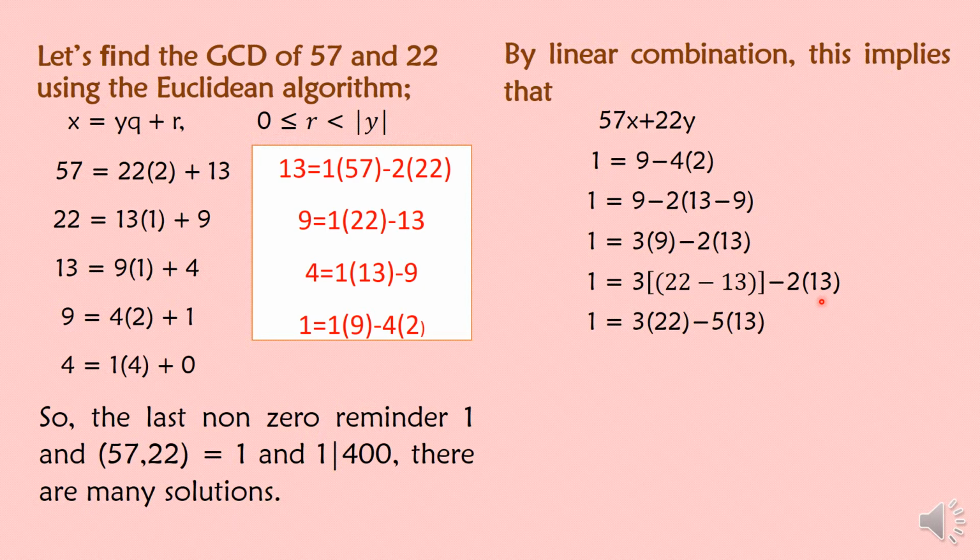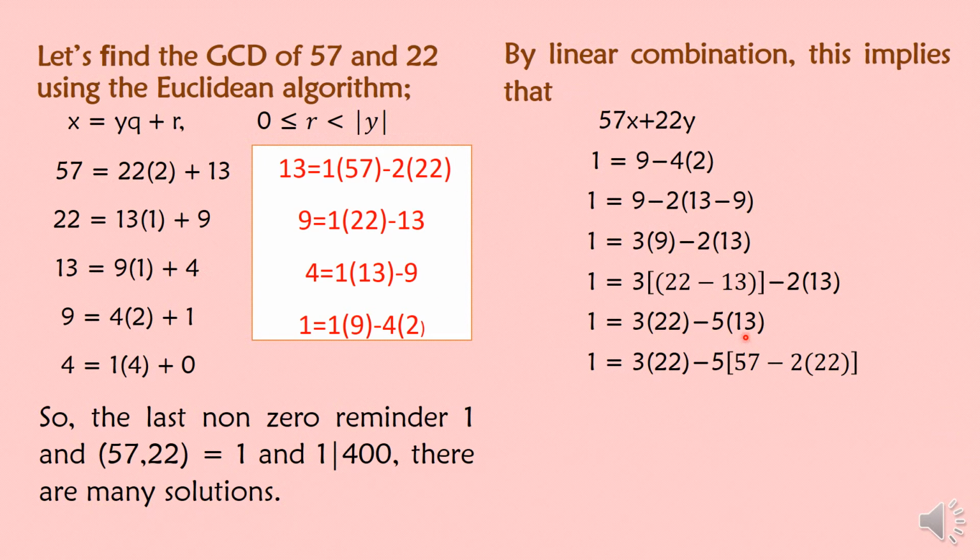Next there will be 3 times 22, right? So we have 3 times 13, plus this 2 times 13, so we have minus 5 times 13. So 1 is equal to 3 times 22 minus 5 times 13. So we have 13 is 57 minus 2 times 22.